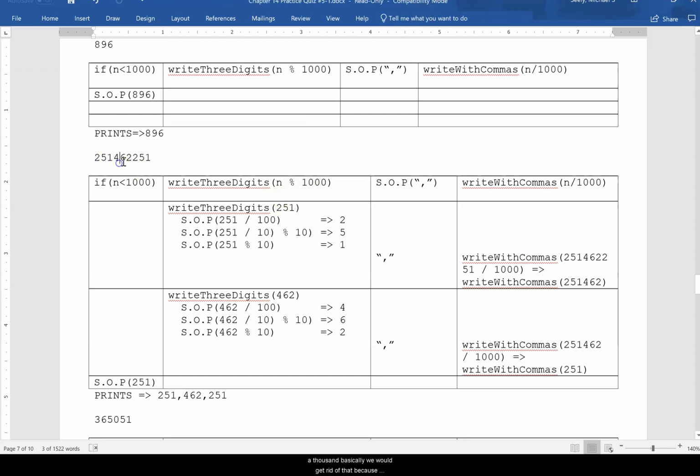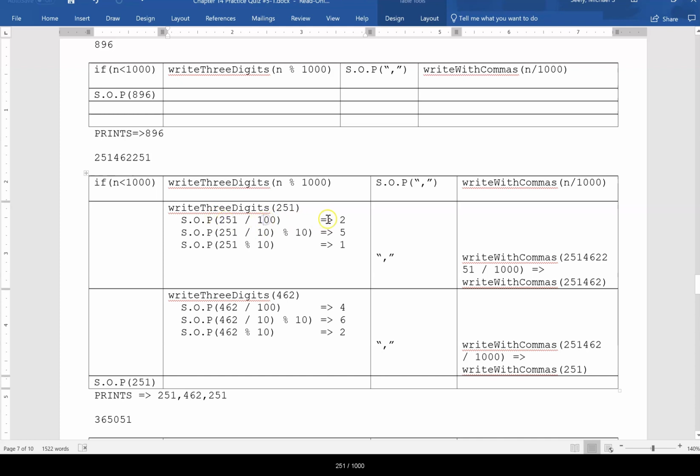This number modulus 1,000, basically we would get rid of that, because there would be 251s in this thing. So anyway, I got 251.